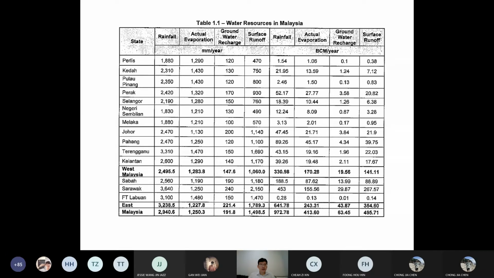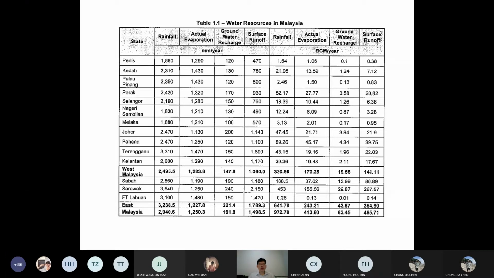But in another state, maybe the runoff is 1690 and the total rainfall is 3310. If you do the simple calculation, 1690 divided by 3310, the runoff coefficient is about 51%.